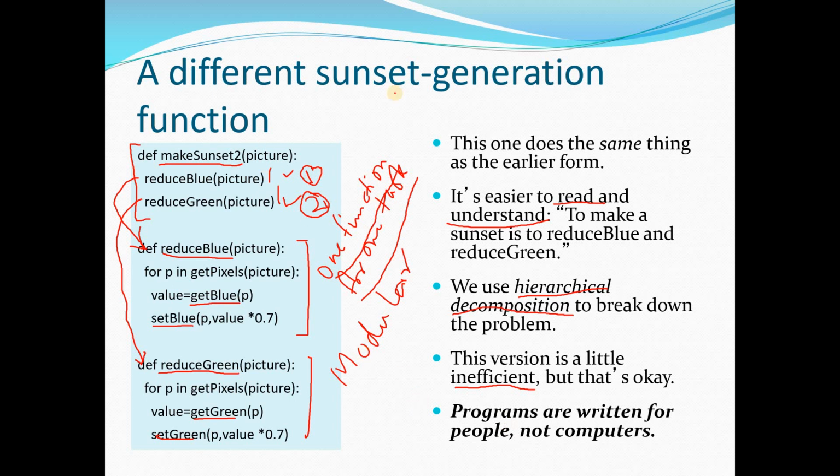But remember, the important point of this whole slide is that programs are written for people, not for computers. Even if the program is big or small, the computer will run it, and maybe it will run very, very fast. But the more important thing is that the program you write should be understandable to you when you look at it after 1 year.